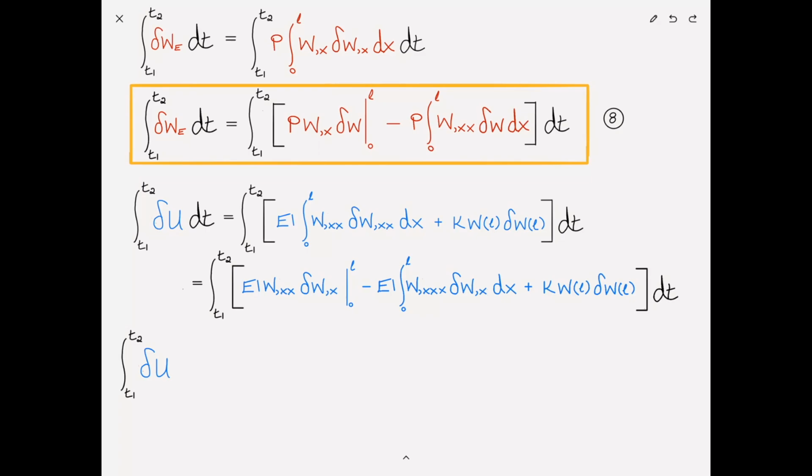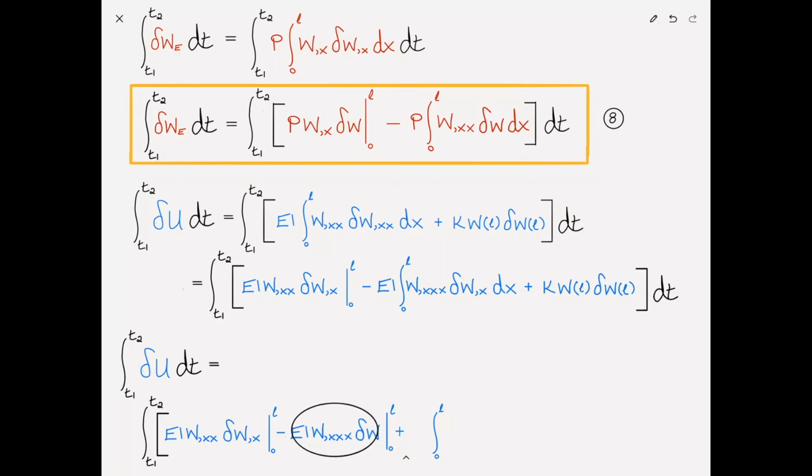So the integral from T1 to T2 of del U dt is equal to the integral from T1 to T2 of, I'm just copying the boundary term, that remains unchanged, minus, help me out here guys, what does the boundary term look like from this? Minus, because of the minus sign. I'm going to just remove that derivative from the del w,x. So I get minus EI w,xxx del w evaluated at 0 and L. Flip the sign again so it becomes positive again. The integral from 0 to L, and all I'm going to do is take this expression here, but add a derivative to this part.